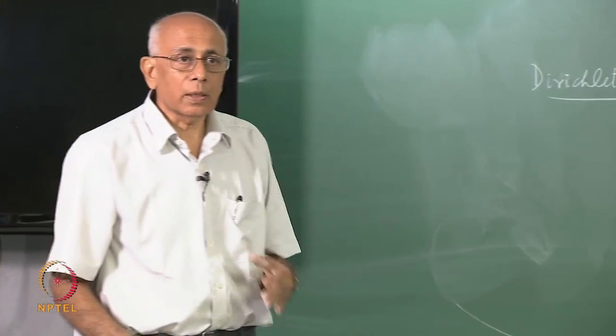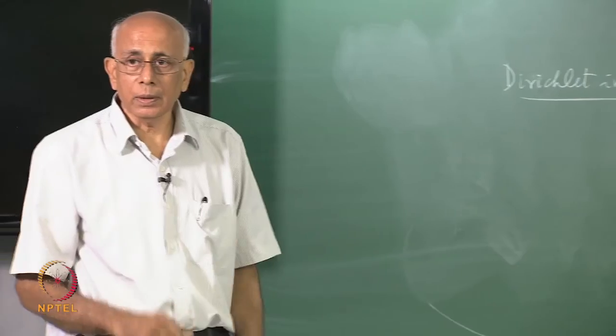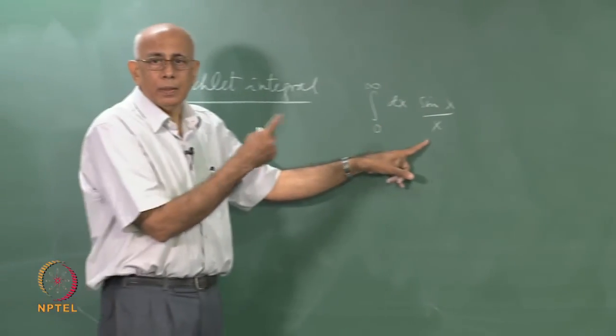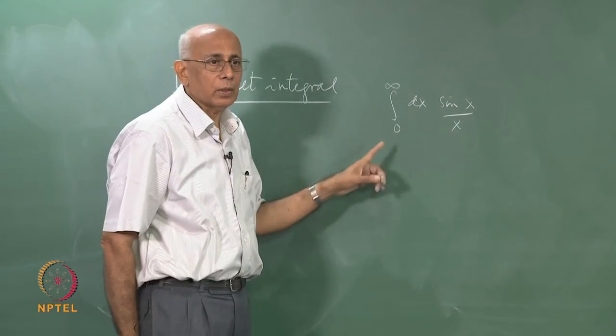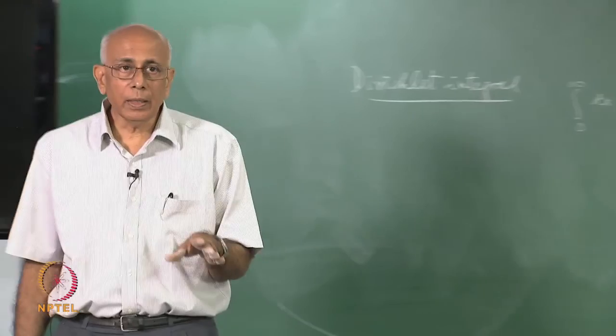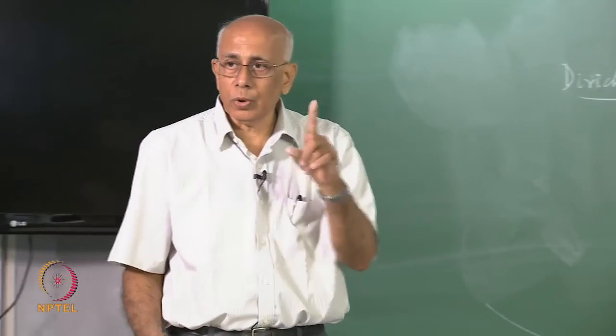So this integral is not absolutely convergent. There is no problem at the origin, because this thing goes to 1 at the origin, so there is no singularity at the origin, it is a removable singularity. But at infinity you have a problem if you took absolute values.